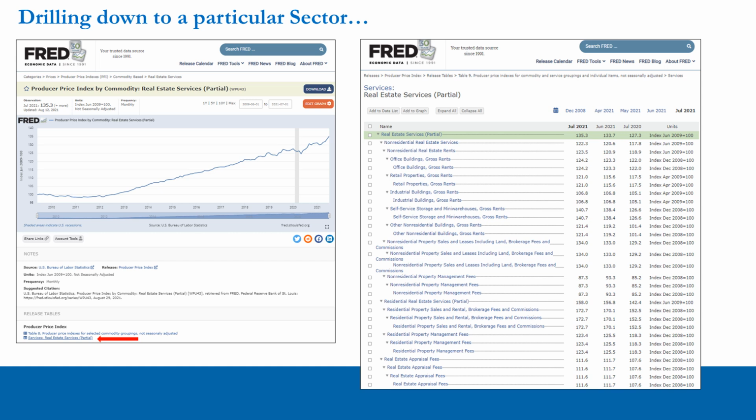If you look on the left-hand side, at the bottom of the screenshot, you can see a link called Services, Real Estate Services Partial. When you click on that, from the index page where you're looking at the chart, you'll be taken to a page that shows you all of the sub-indexes that make up the real estate services index.